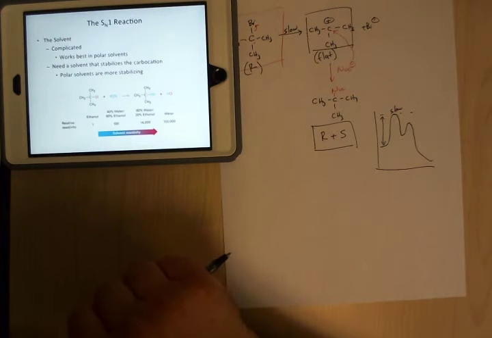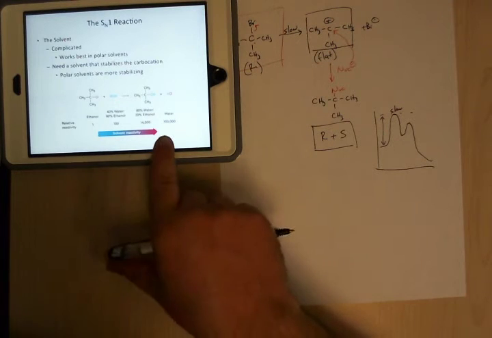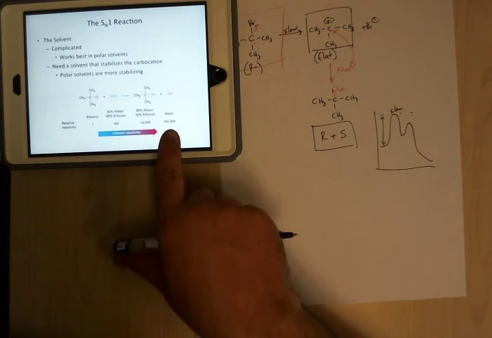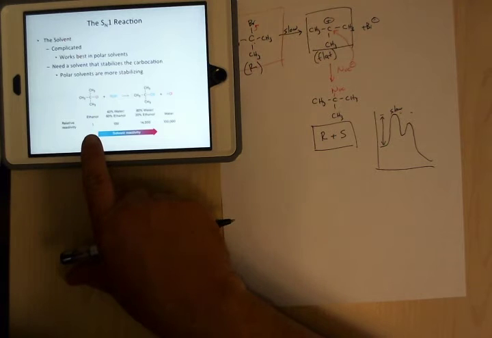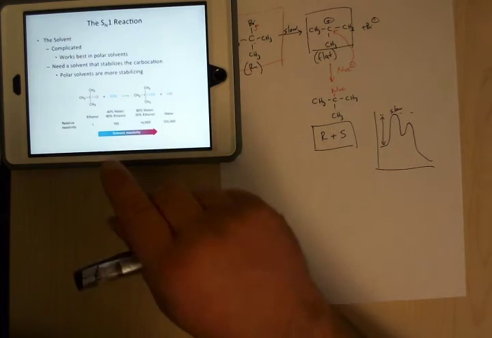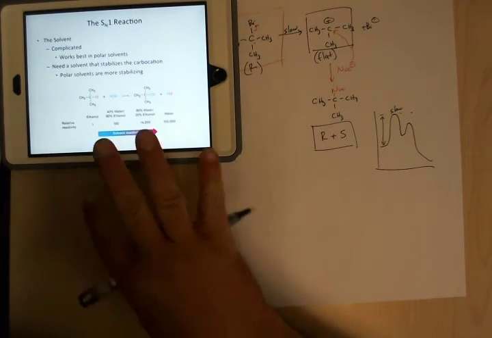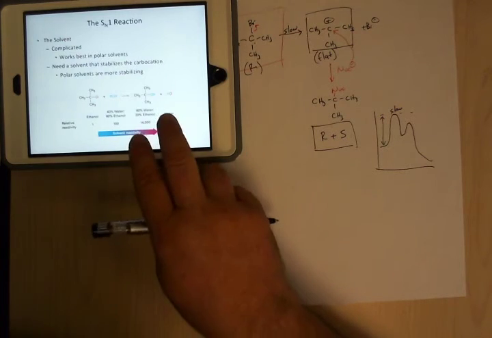So water, in this particular reaction, why is it 100,000-fold higher than ethanol? I don't know. Just know that for these things, we need some sort of polar solvent, and away we go.